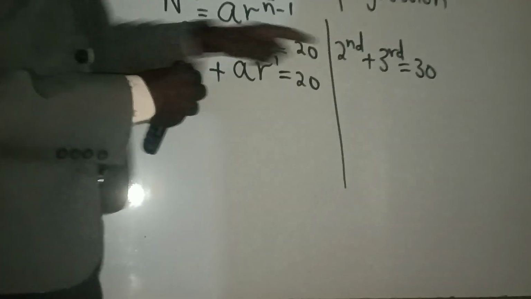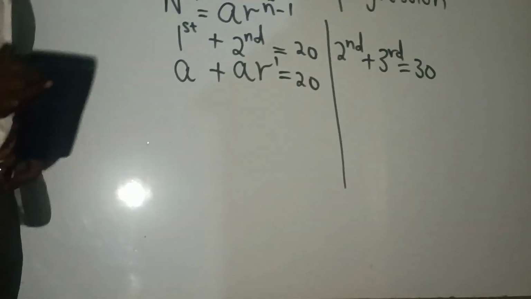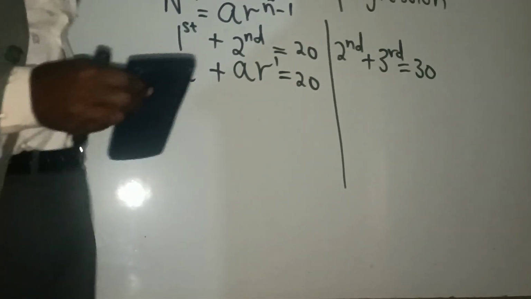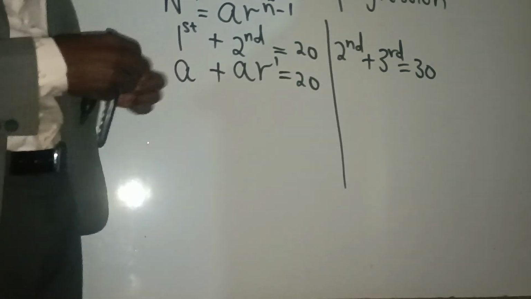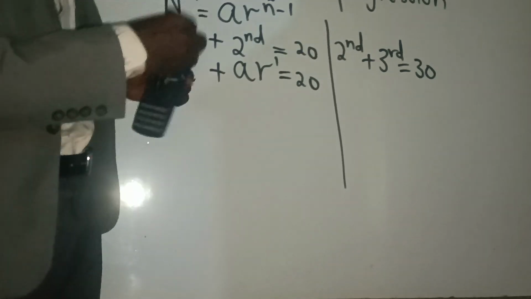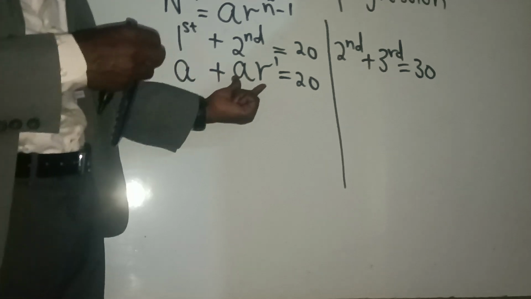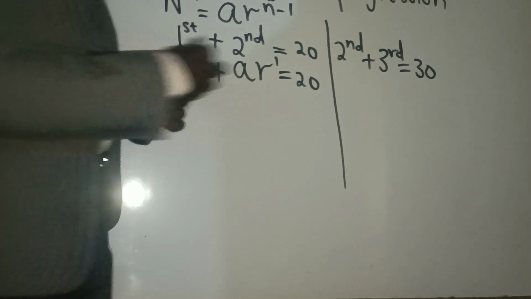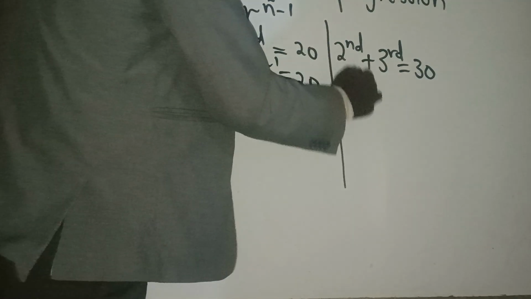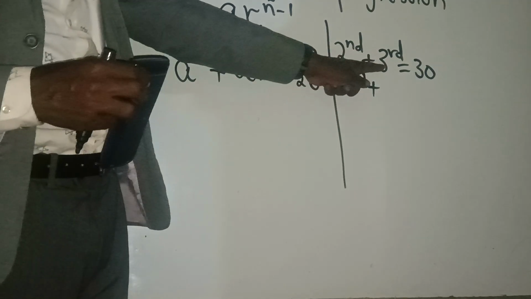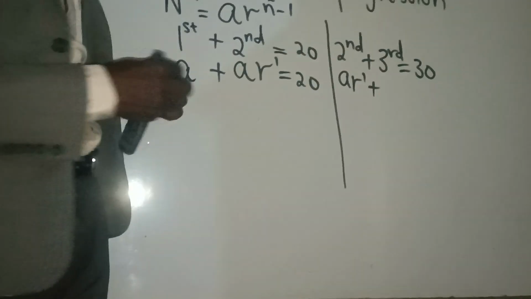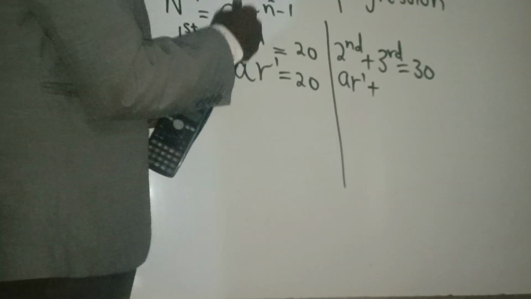When I get to this other end, I'm going to have the second term and the third term, in terms of the summation, giving us 30. So let me get the expression for the second term. It is still the same expression I've written here. So I'm going to have AR raised to 1, then plus. Then what will be the expression for the third term of this progression?